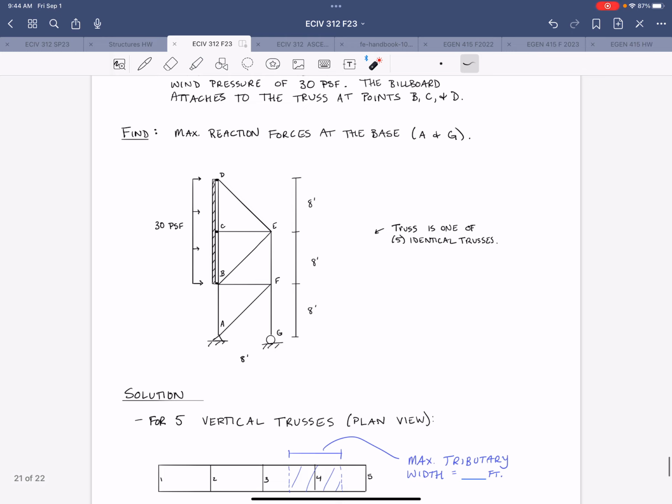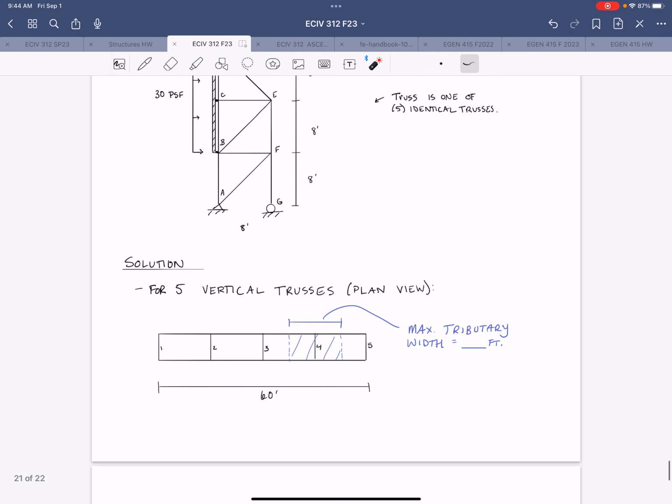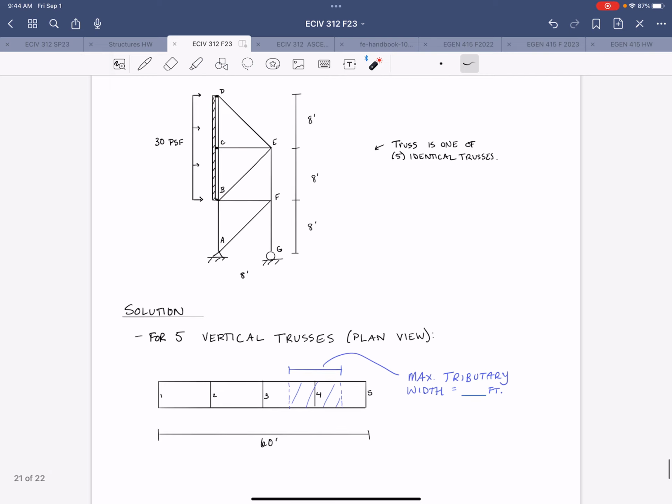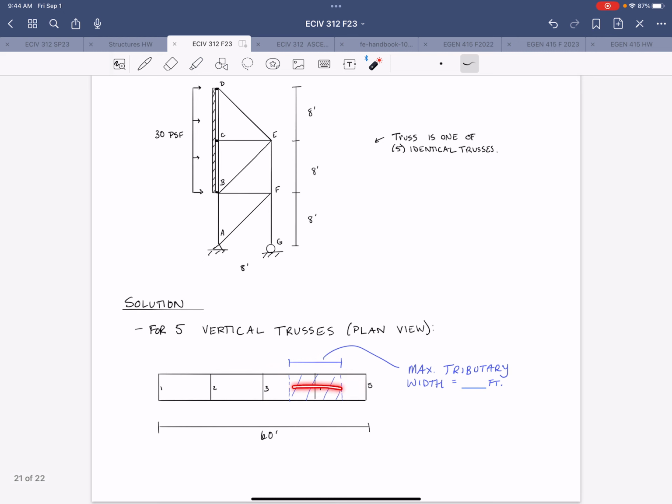But the billboard is only in the top 16 feet of those trusses, right? So you've got that 30 PSF over the top 16 feet and then 60 feet in length. So calculate what that force is going to be, transferred then to a typical interior truss, one that has an interior tributary width.